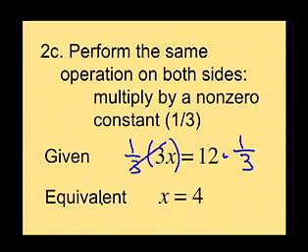Here, my 3's cancel out to 1. And 1 times 1x is 1x, which we have here. Over here, my 3 will reduce the 12 down to a 4 and a 1 here. So we have 4 times 1, which is the 4. And that's an example of multiplying both sides by a non-zero constant.